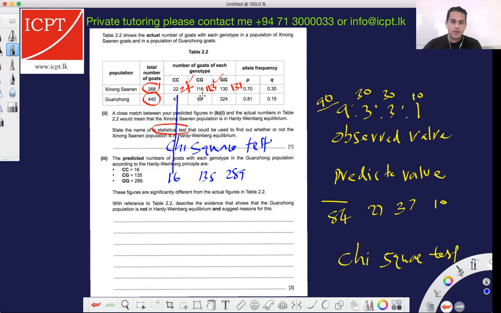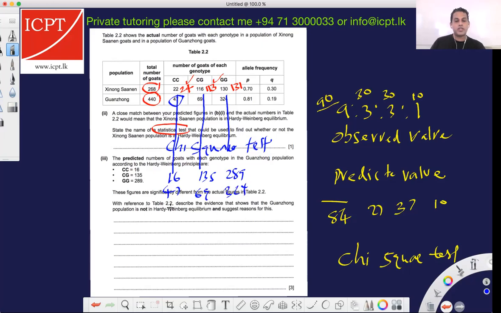Here, here, and here. So here it's 47, here it's 69 and 324.